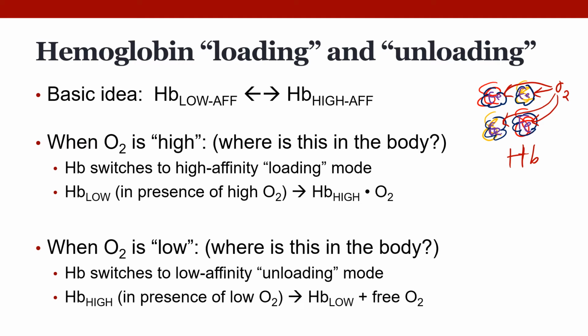If there's a low oxygen concentration, it shifts it a different way. Same for CO2, and the accompanying pH change will shift it one way or another. Temperature will shift it one way or another. We're going to look specifically today at the effect of oxygen on hemoglobin's affinity for oxygen.